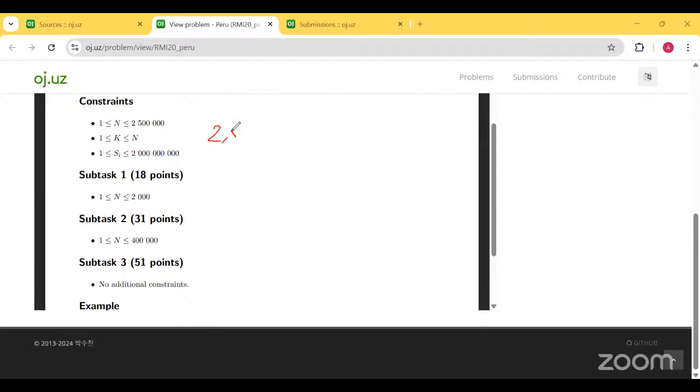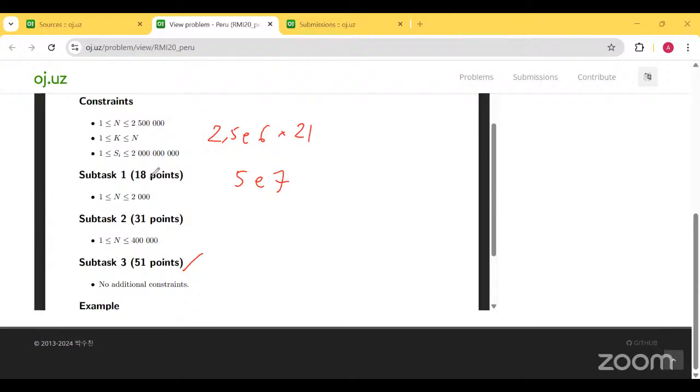Okay. 2.5 E6 times 21, for example. So it is around 32, maybe 32, no, not 32, maybe 50. Yes. All right. Maybe if you implement it clearly, it can pass.